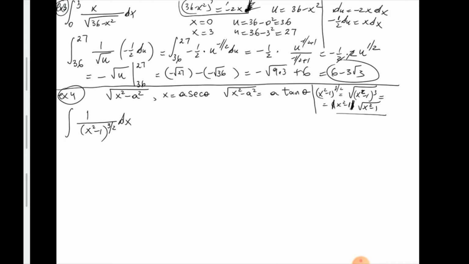And let's see. x squared minus 1 is positive, because it's by definition. So this becomes 1 over x squared minus 1 times the square root of x squared minus 1.